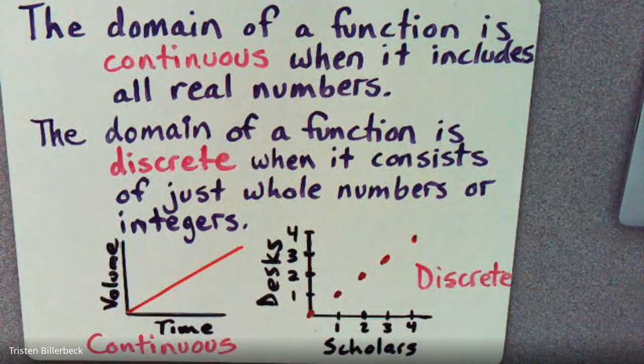All right, so let's take a look at domain of a function being continuous versus discrete. Okay, so the domain of the function is continuous when it includes all real numbers. The domain of a function is discrete when it consists of just whole numbers or integers.